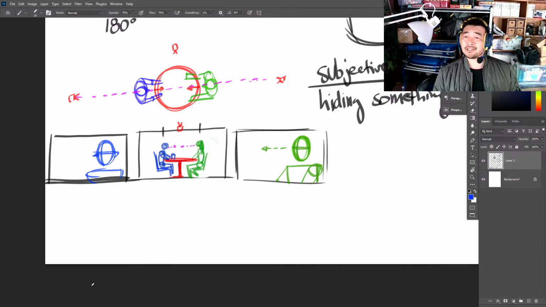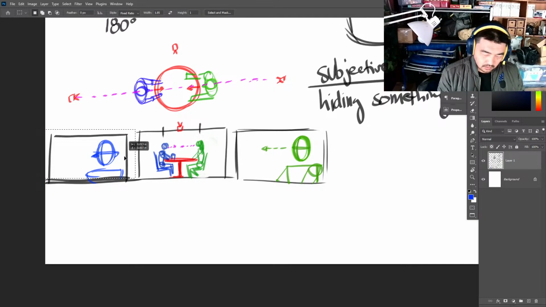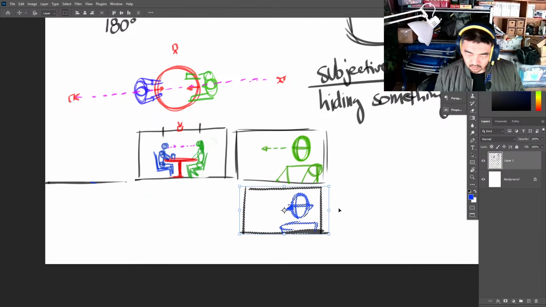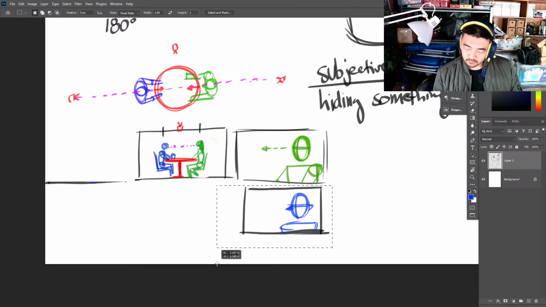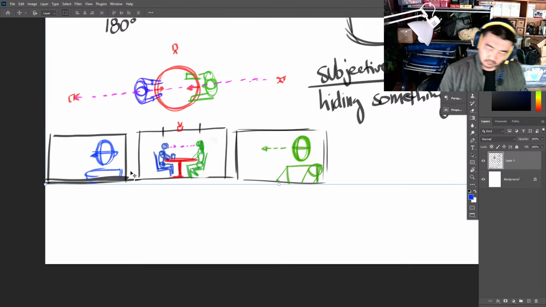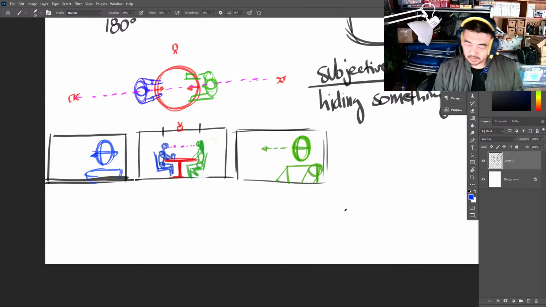What? That doesn't seem right. If you have the blue character right here and this green character right here, that doesn't work. Why doesn't that work? It doesn't work because they're not facing each other. It looks like they're not facing each other.